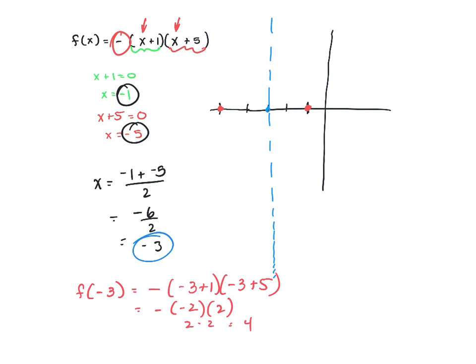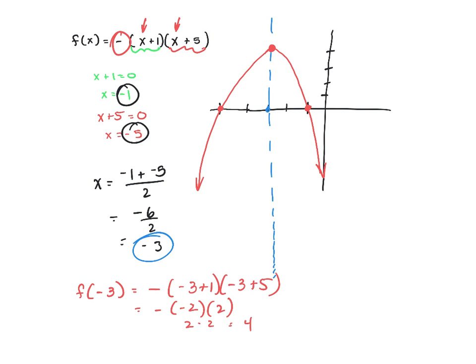So when x is -3, the y value is 4, so let's mark 4 up on the y-axis, right about there. Again, the negative tells us it opens down, and so our parabola is going to look something like that guy.